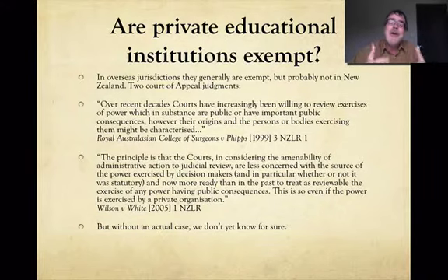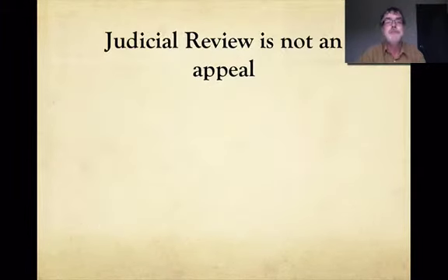We only know if somebody applies for a judicial review against, say, a private school, and the private school responds by saying, you can't review us because we're not a public institution, and the court makes a ruling on whether this case can be brought against them. So this is how common law plays out in practice. The indications are probably private institutions would be included, but we don't know for sure.